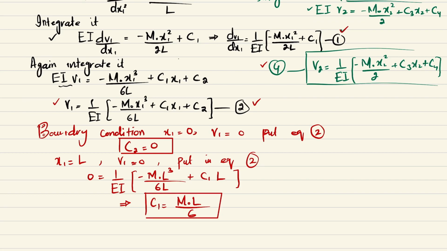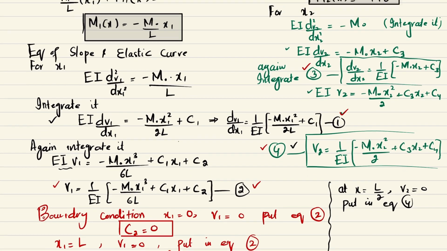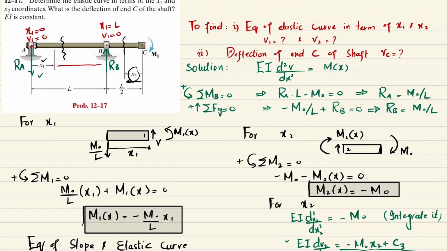So we will find C3 and C4 as well. For that we will go to the boundary conditions for x2. The first boundary condition is that at x2 equal to L by 2, we have v2 equal to 0. You have to put it in equation number 4. Here you can see x2 is equal to L by 2, and we have deflection v2 equal to 0 because this is a support.